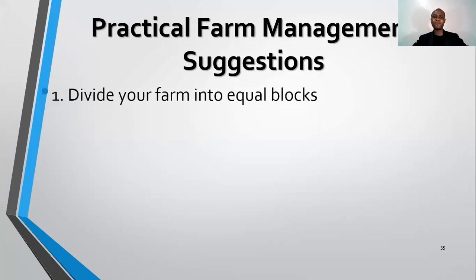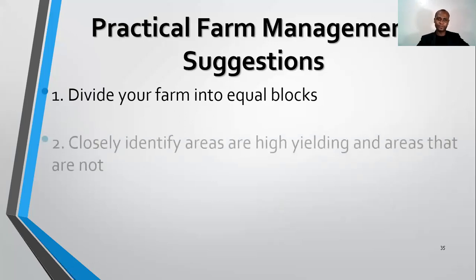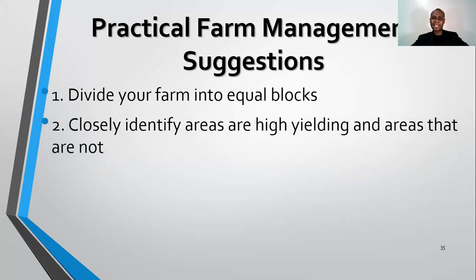Number one, divide your farm into equal blocks. Let's assume you have 1 hectare of cacao. You can divide the farm into maybe 10 different blocks. When you divide into 10 blocks, closely identify areas that are high yielding and the areas which are not.